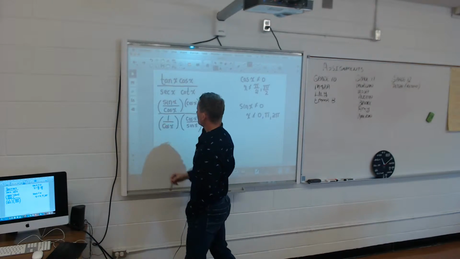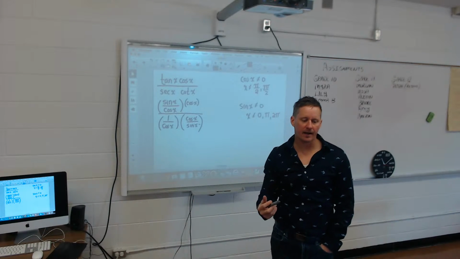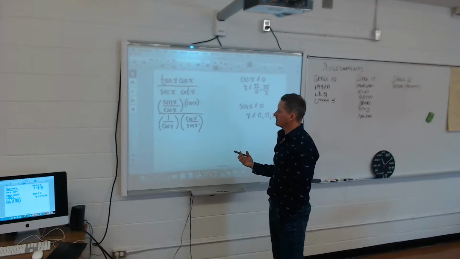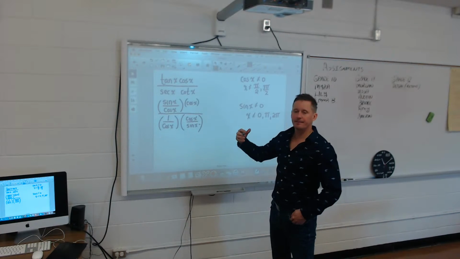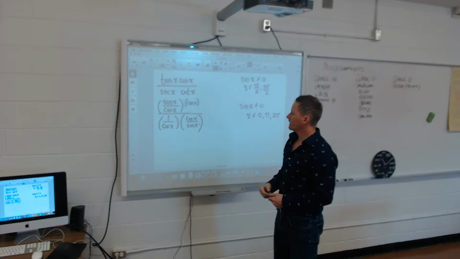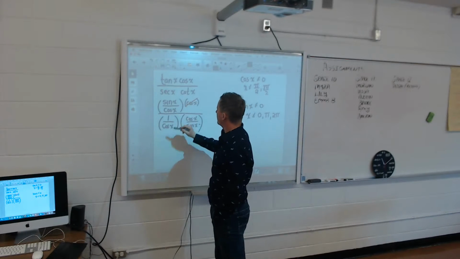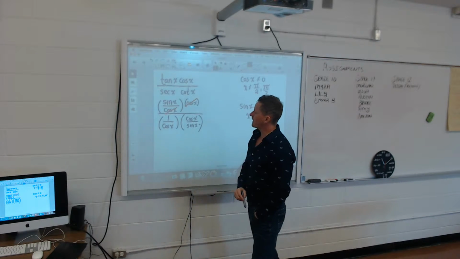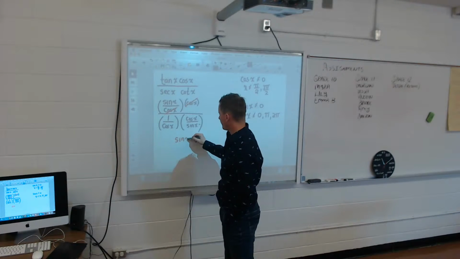Now, they want you to simplify this. Well, by simplifying, all I really want to do is reduce the fraction, cancel anything that I can cancel. Well, cos x here and that cos x there, they cancel. So that leaves me a sine x on top.